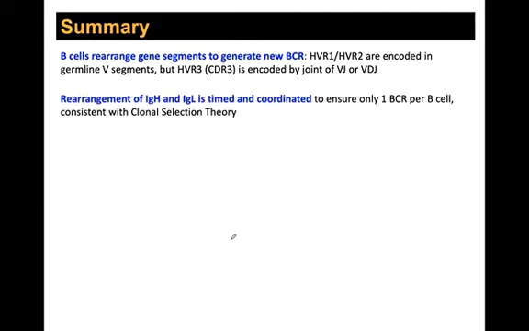Now if we think about this, the heavy chain and light chain are timed and coordinated. So an easy test question is, how many times does a B cell at minimum undergo somatic recombination? What's the minimum number that has to happen?